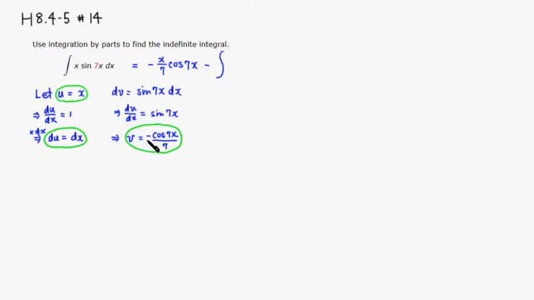There's a negative sign here, so I'm going to incorporate that and turn it into a positive sign. Then you have cosine of 7x over 7 dx.